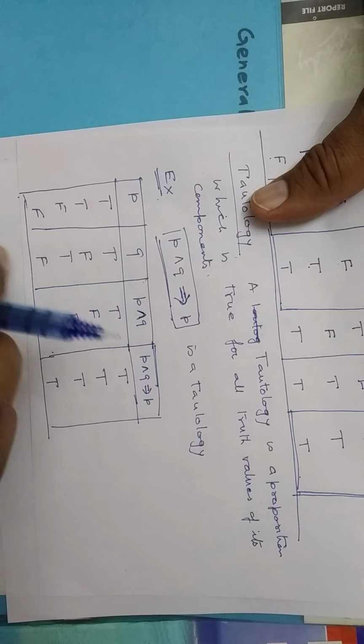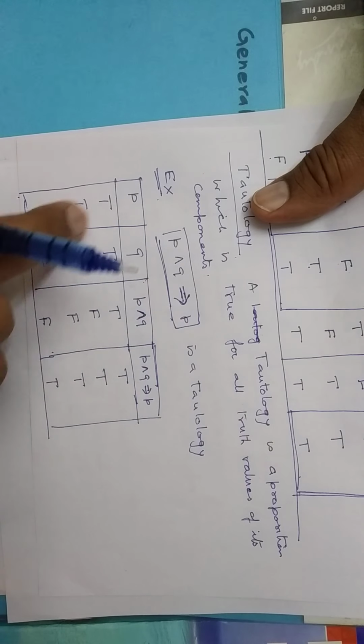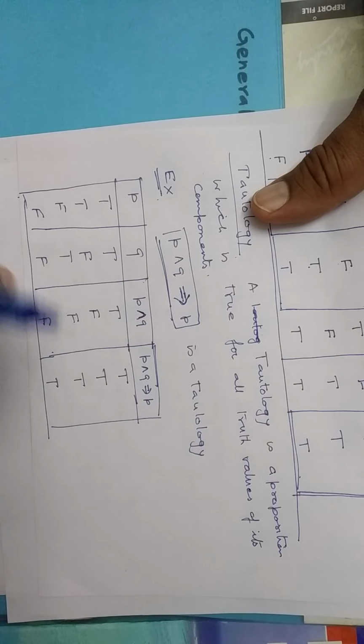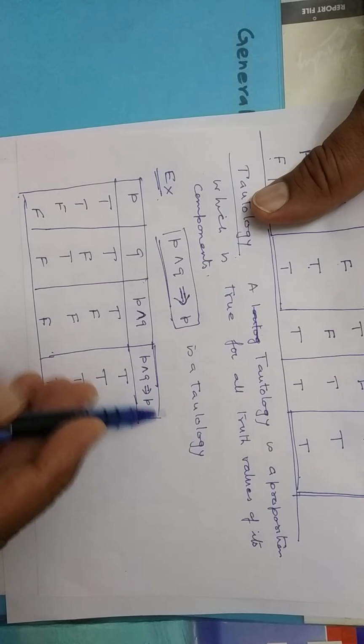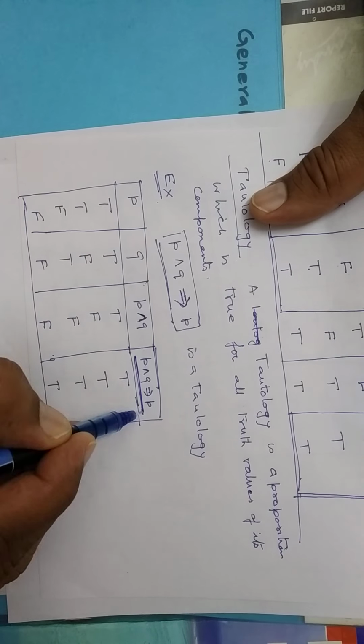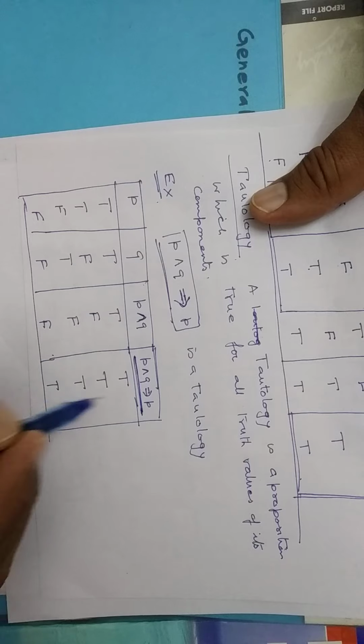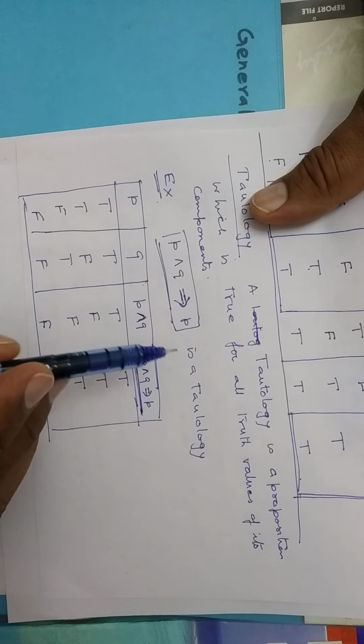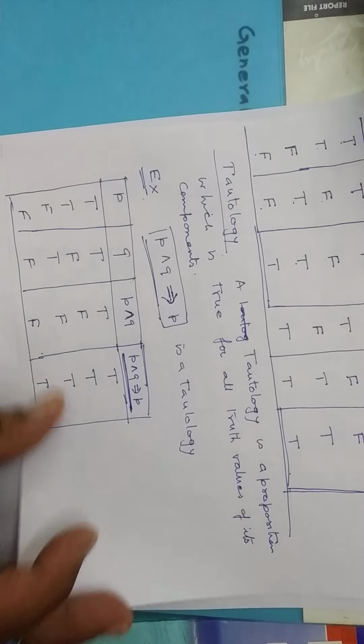In any case, P and Q may be true or false, but the value of this compound statement is always true. So this compound statement is called a tautology.